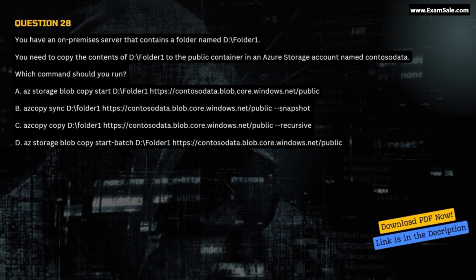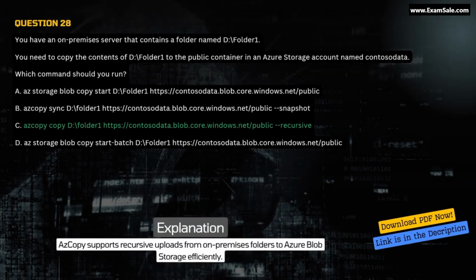Correct answer C. azcopy copy d:\folder1 https://contosodata.blob.core.windows.net/public recursive. Explanation. AzCopy supports recursive uploads from on-premises folders to Azure Blob storage efficiently.